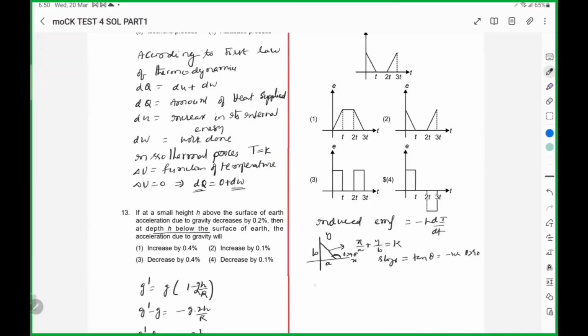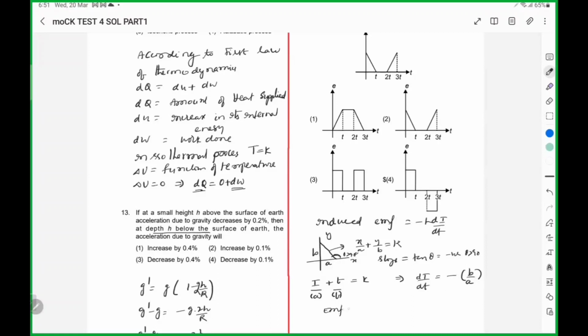Here in place of x and y we have I and t. So I by something plus t by something is constant. Once you differentiate it, di by dt will be minus of some quantity. Let us say a comma b, di by dt will be minus b by a.